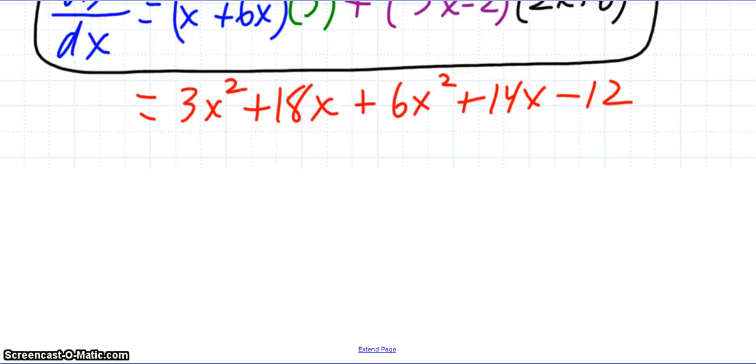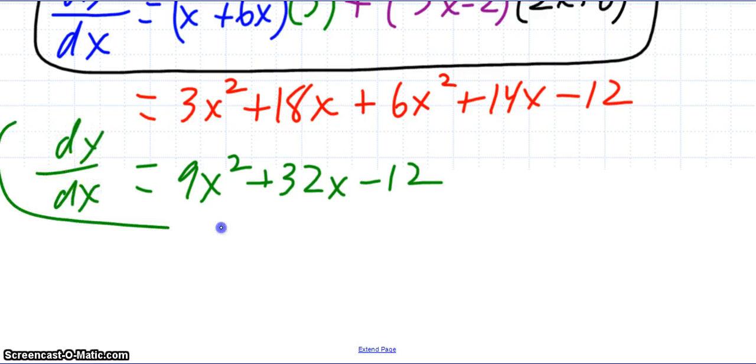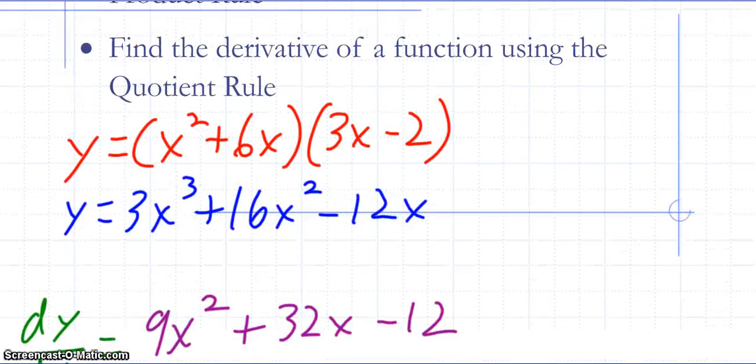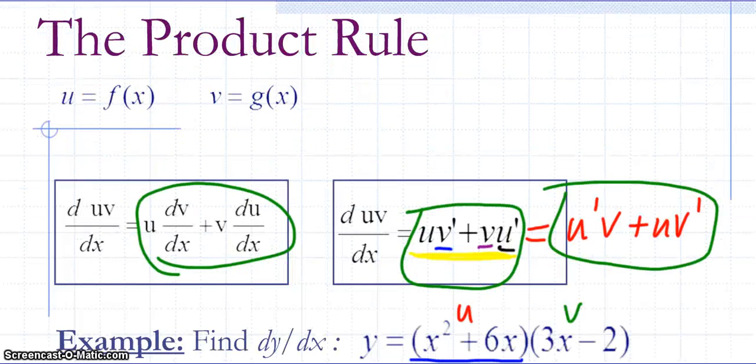And when we combine like terms, we end up with 9x squared plus 32x minus 12. And notice again that is what we got on the previous slide. So two different methods to do the same thing.